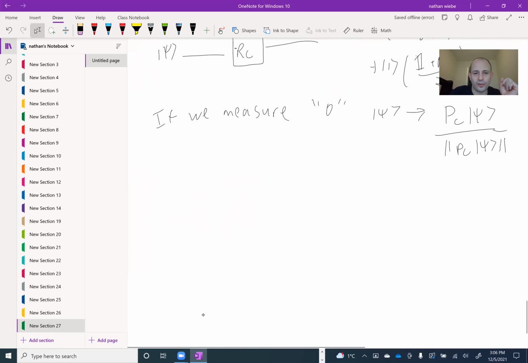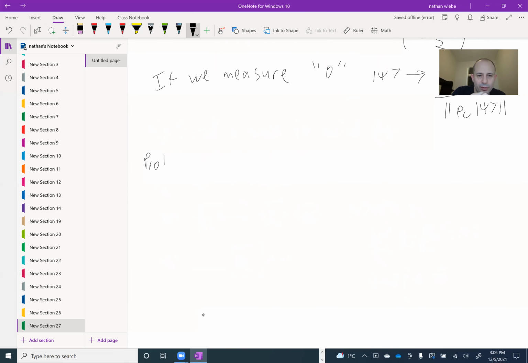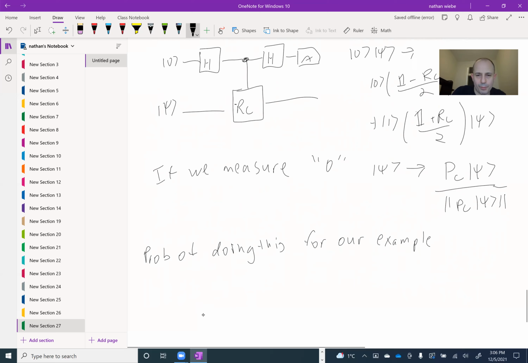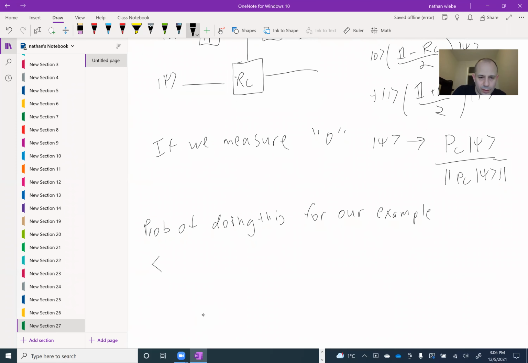And in our case, the probability of doing this for our example would just be <psi| identity minus RC over 2 squared |psi>, which, because this is a projector, squares to itself. And so this is just identity minus RC divided by 2 acting on psi.